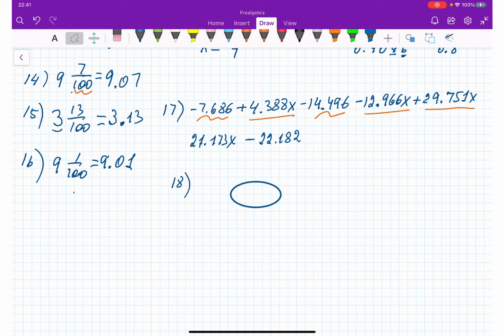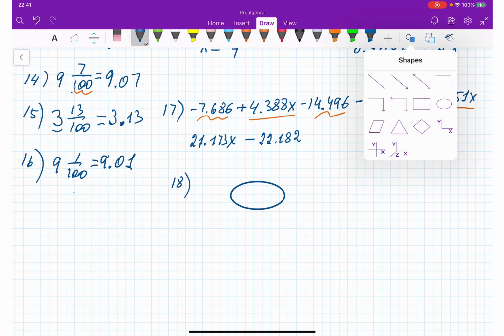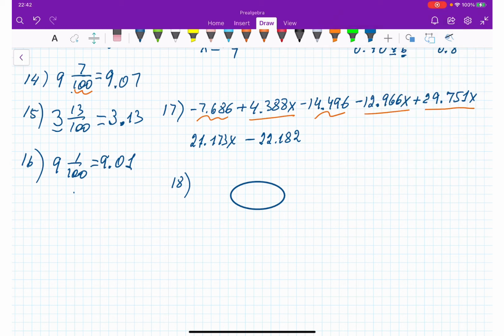Let me move here. Okay. Now, we need to have another oval. It has to be bigger than that. Okay.